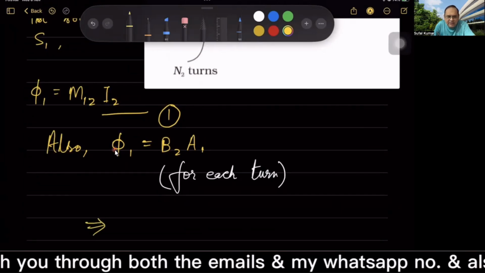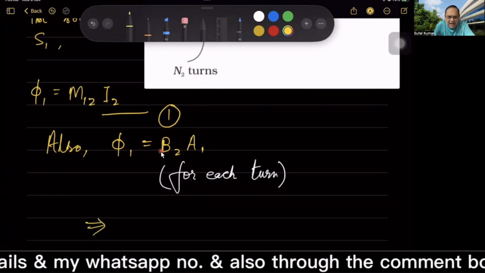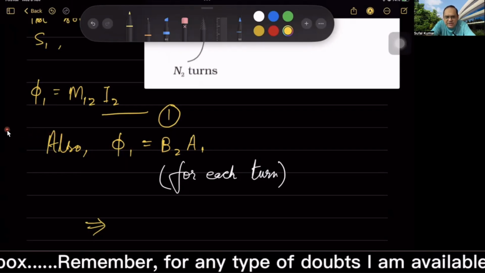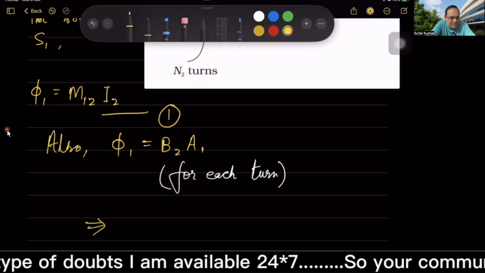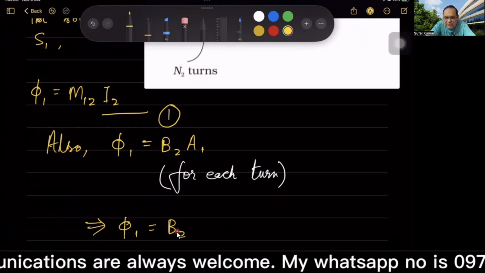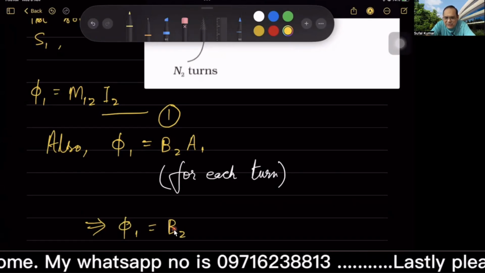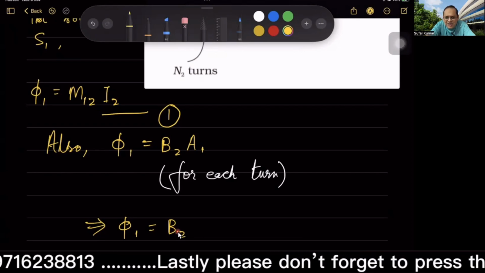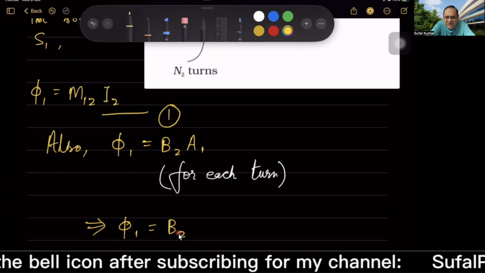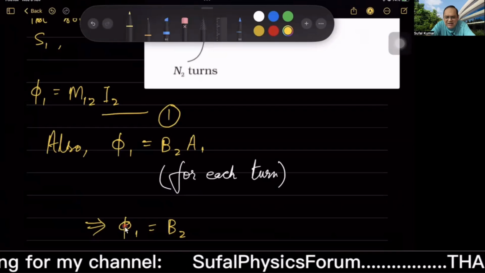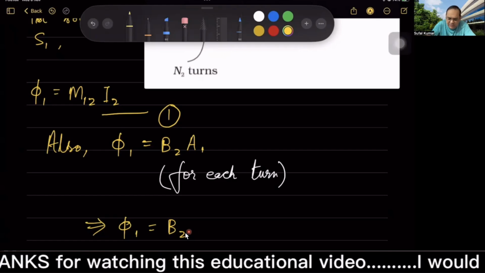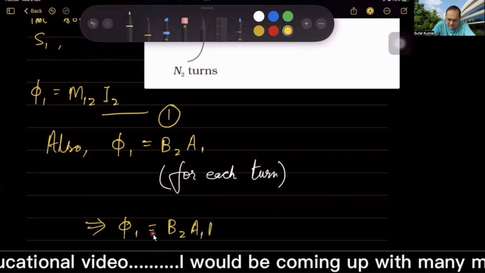This was for each turn, but for total flux, the total number of turns has to be multiplied, that is N1. The magnetic field will be of the second solenoid, because we are into mutual induction, so the second solenoid's magnetic field will be causing flux in the first solenoid, but the number of turns will be its own. So B2 A1 and N1.